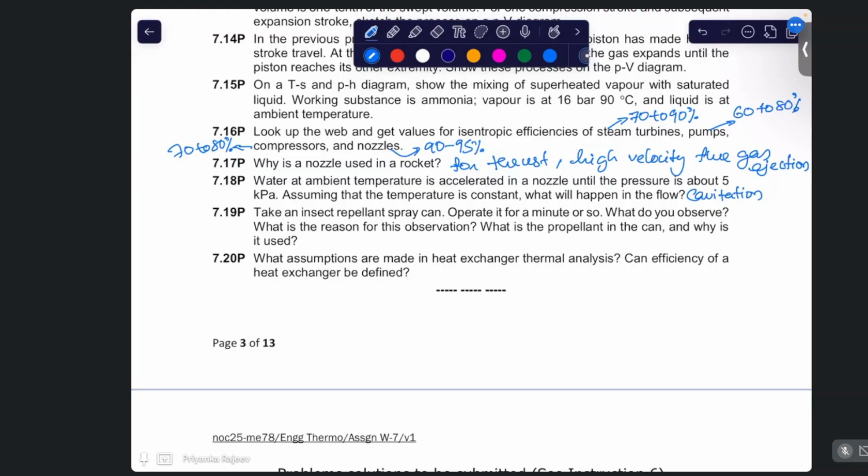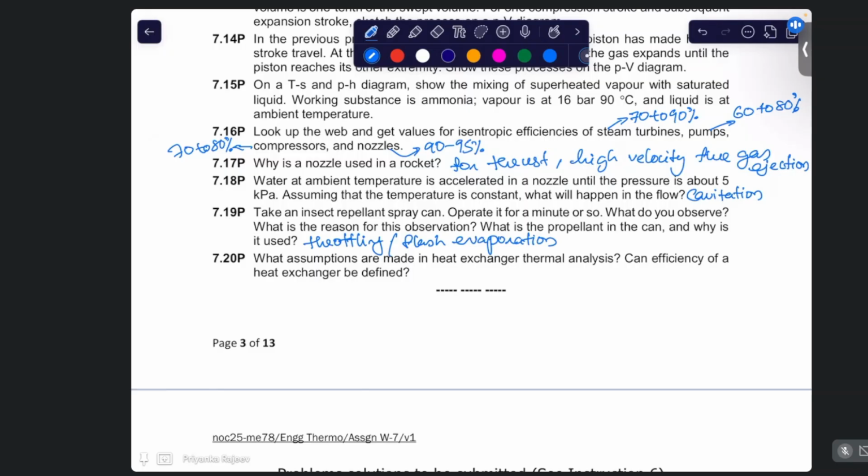Then, an insect repellent spray can is operated for a minute or so. What do you observe? What is the reason for this observation? What is the propellant in the can and why is it used? Okay, in a spraying can, throttling, or flash evaporation, is happening.